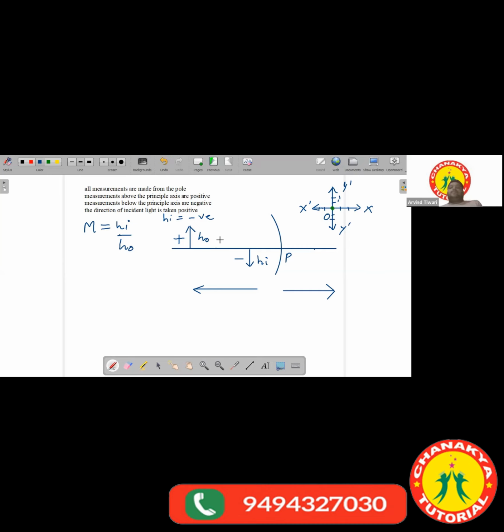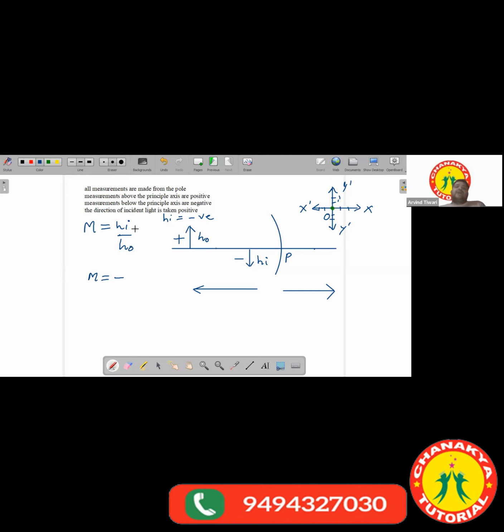Okay, see, for this case, if suppose I get the value of magnification as negative, what does it signify? Will the image be real and inverted, or virtual and erect? I am getting the value of magnification as a negative number.